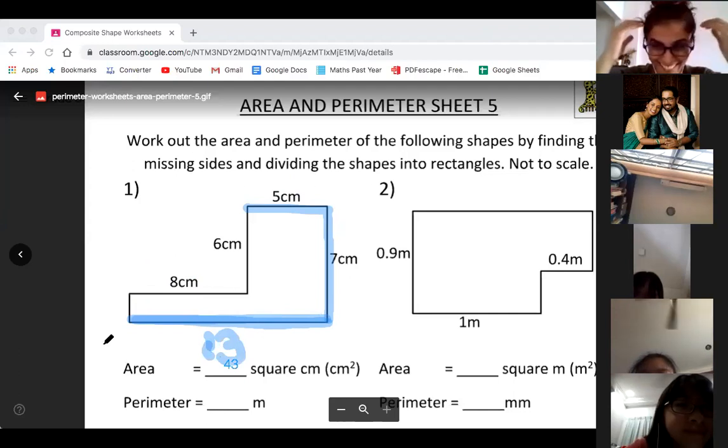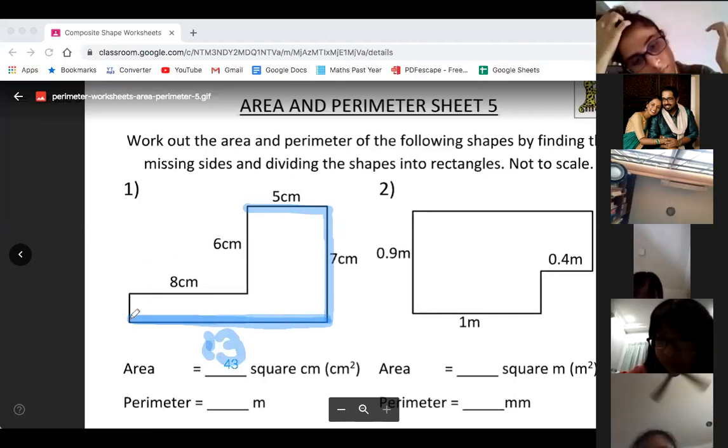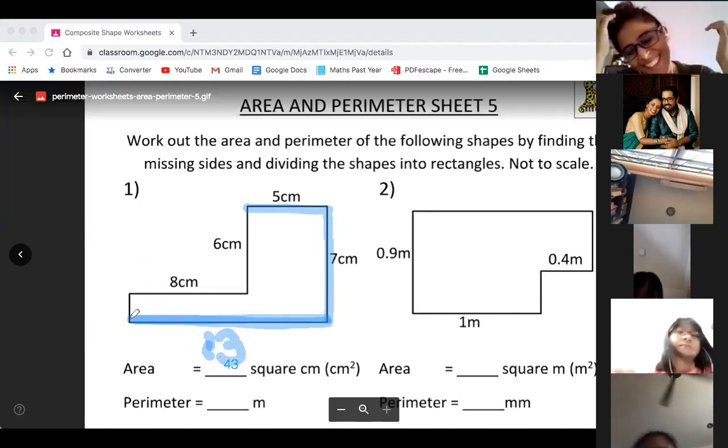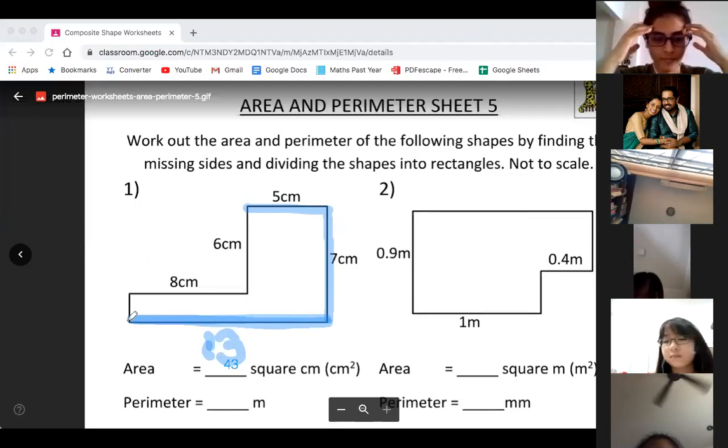Okay, 5 plus 7 plus 13 so far is? How much, Joseph? Wait. 5 plus 7 plus 13. How much so far? 25. 25 plus what?